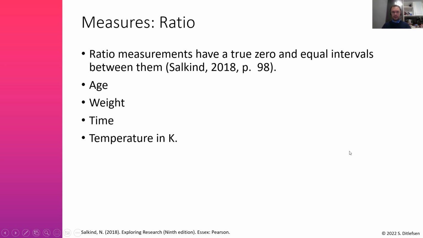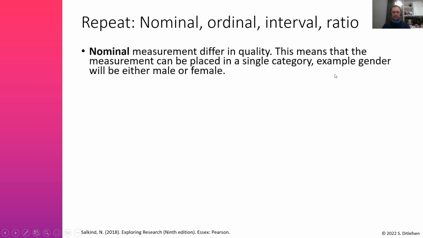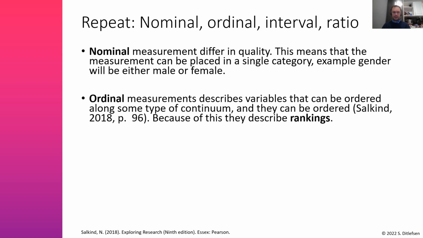Okay, measurements are done. We know all of them now. Nominal, ordinal, interval, ratio. Nominal measurements differ in quality. That means that the measurement can be placed in a single category. For example, gender will be either female or male. Ordinal measurements describe variables that can be ordered along some type of continuum, and they can be ordered.